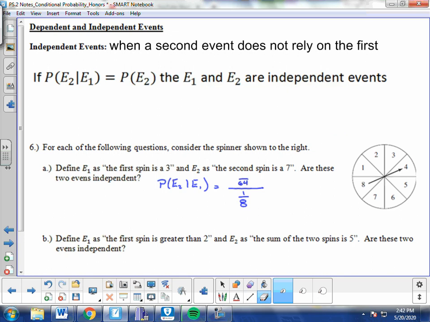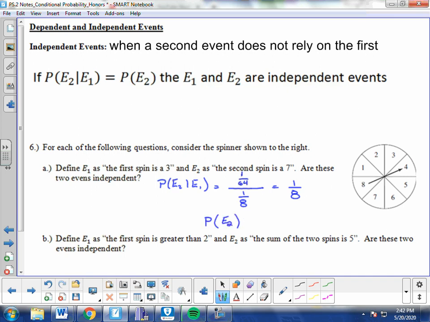So there's 1 out of 64 chances. If I simplify, 1 over 64 divided by 1 over 8 would be the same as 1 over 64 times 8, which is 1/8. So the probability of event 2 given event 1 is 1/8.